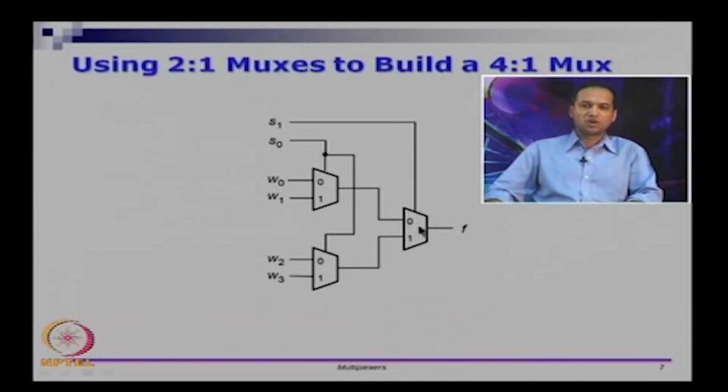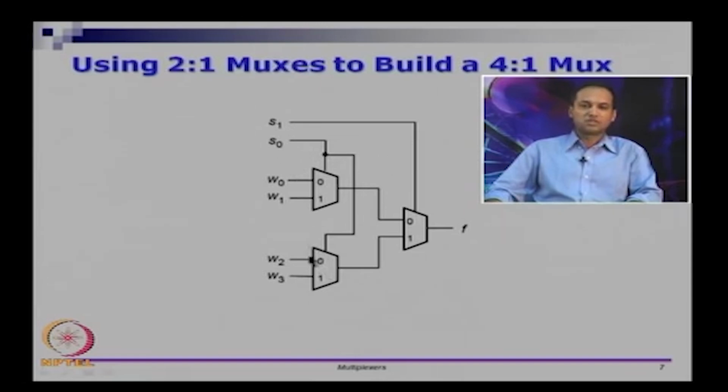So if S1 is on, the output of this mux, the one at the bottom, will be passed on to F. Now let us see under what conditions these inputs are going to come. If S0 is 0, then W2 will be on this line. If S0 is 1, then W3 will be on this line. That is the meaning of this 2 to 1 mux. It is taking S0 as a select line.